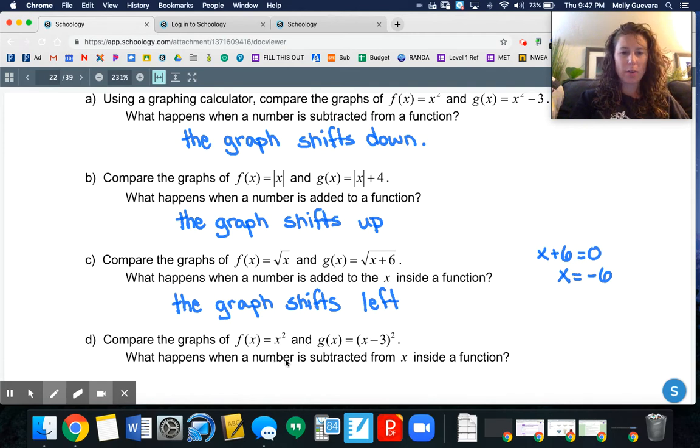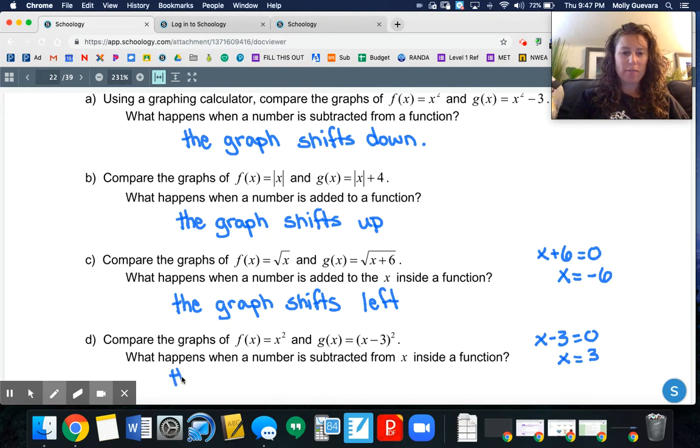Same thing here. What happens when a number is subtracted from x inside a function? Right, so I have x minus 3. Same thing, I could do it this way, or I could just do it like this, but in my head, right? Set what's inside the function equal to 0. So I get x is positive 3, which is to the right.